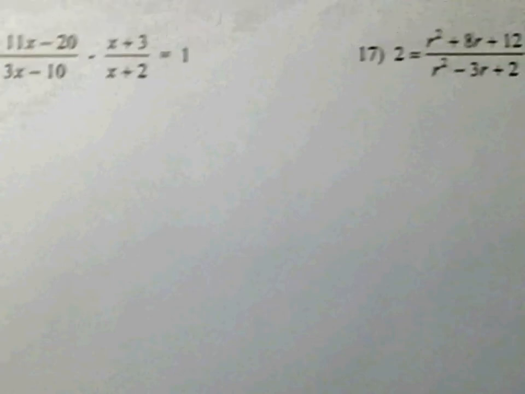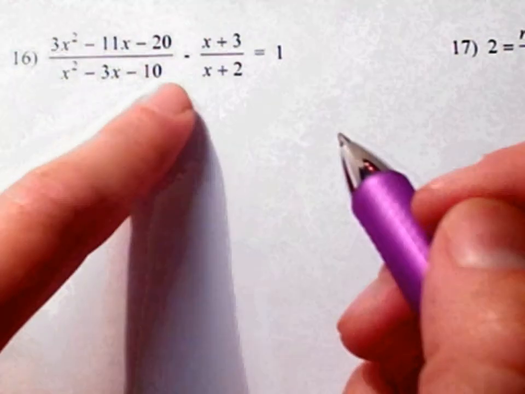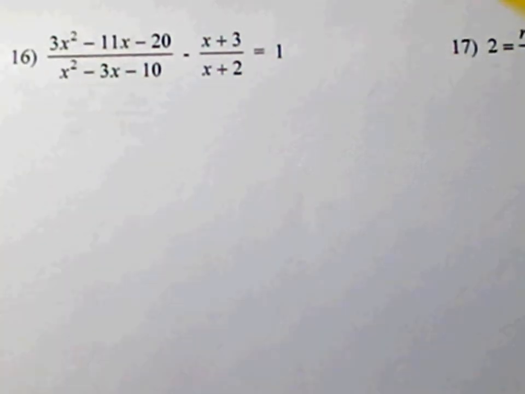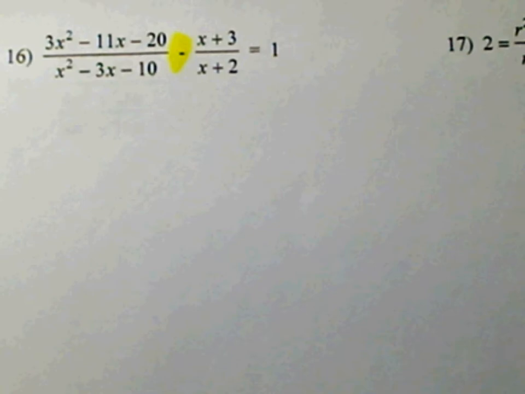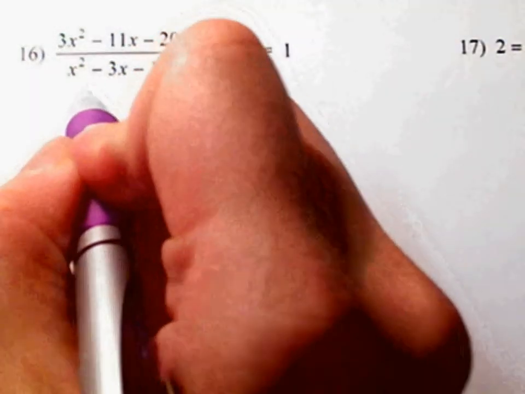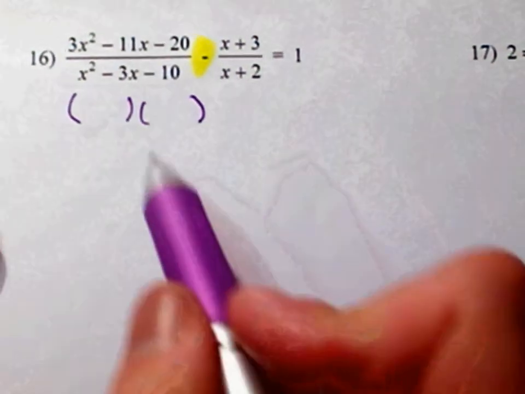Number 16, okay? Here we go. Be very cautious of this negative here. So, just be very cautious of that as we are working the problem, okay? Let's factor this one down to see what we got. Factors of x squared is x and x.